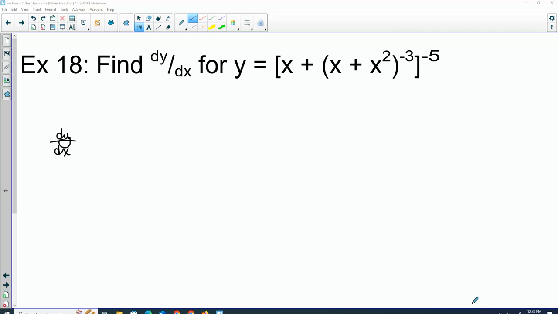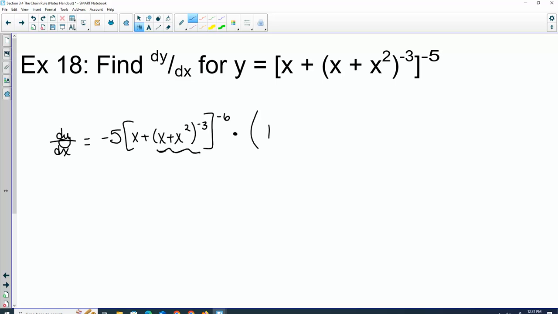Okay, if I ask you to find this derivative, where do we start? Outside. What's the outside? -5. Inside stays the same. Yup, sure does. Subtract 1 from the power, so now it's -6, times... we're working our way in. Derivative of the inside. So derivative of x is 1, plus the derivative of this.